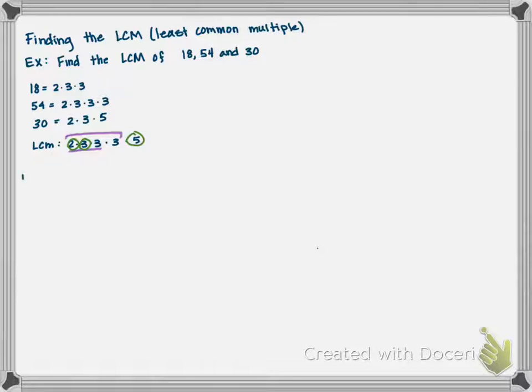If I want to find the LCM of, let's say, x squared minus 1, x to the 4th plus 2x to the 3rd plus x squared, and 5x squared minus 5x.